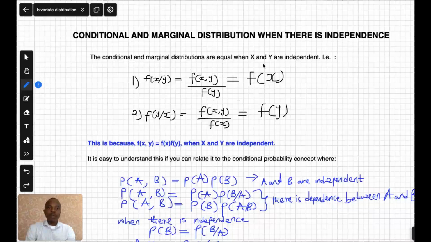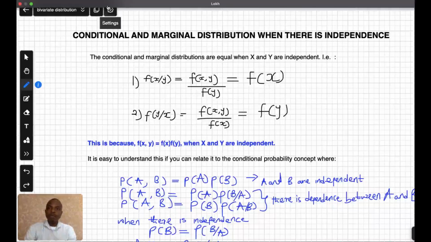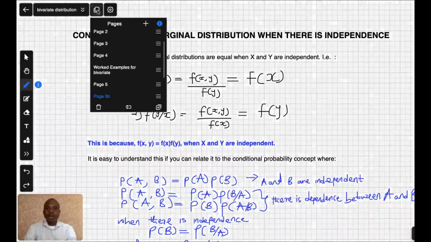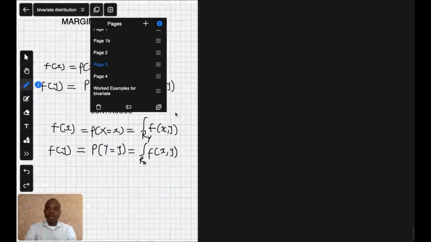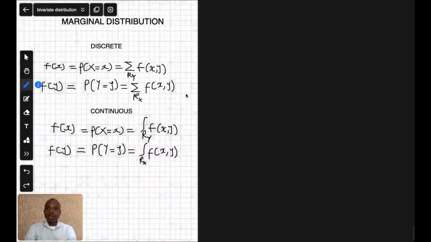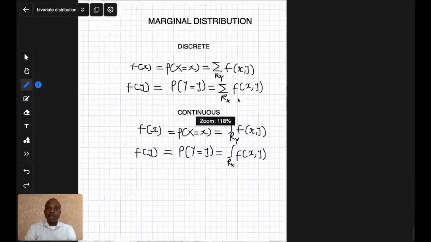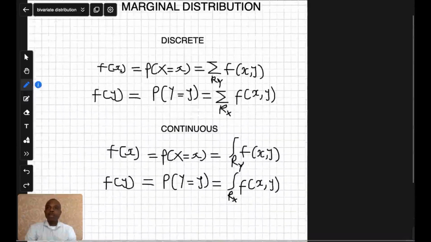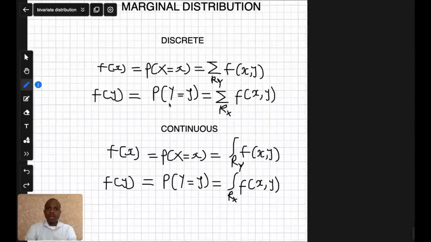All right, we need to go back to what we termed a marginal distribution. Now, don't forget the marginal distribution is just the distribution of x when you take x alone, and that of y when you take y alone.